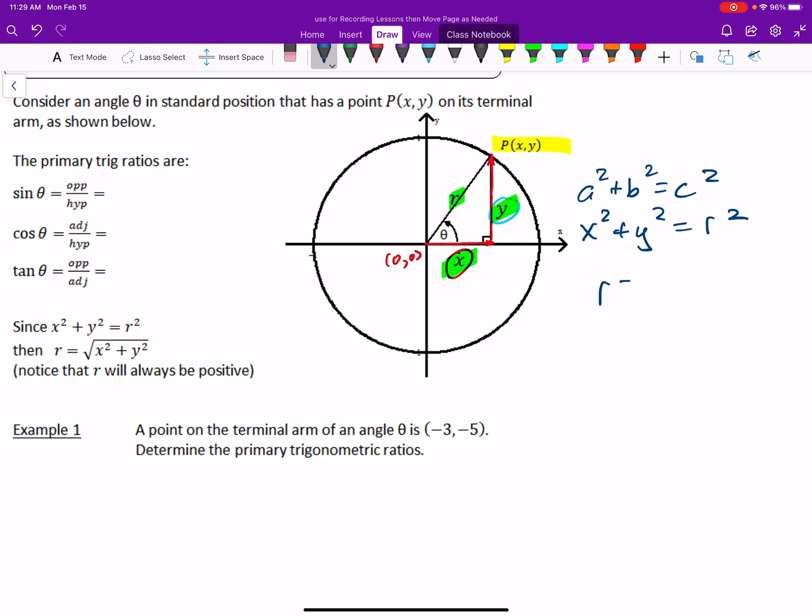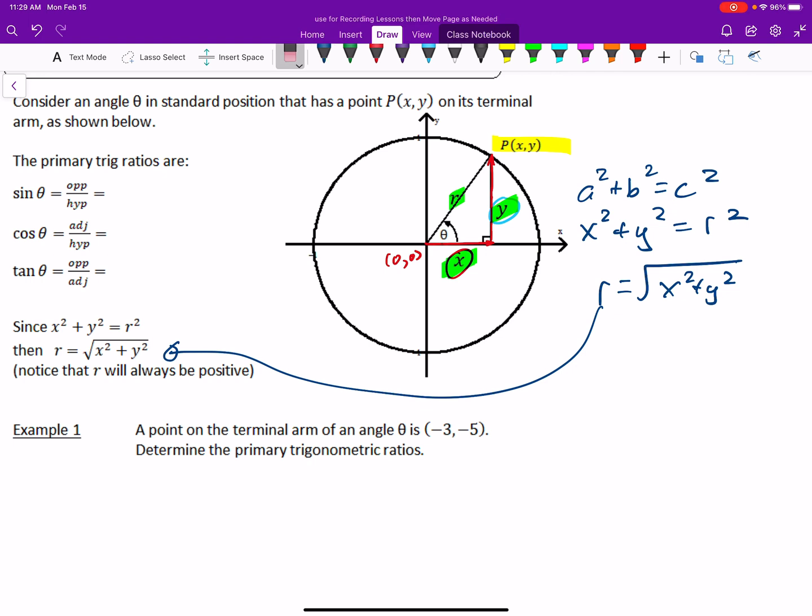So the radius is going to equal the square root of x squared plus y squared, which is pointed out over here, although it's explained in a slightly different way. In this one, it's talking about the equation of a circle, which we also know is x squared plus y squared equals r squared, and we could rearrange that to get r equals the square root of x squared plus y squared.